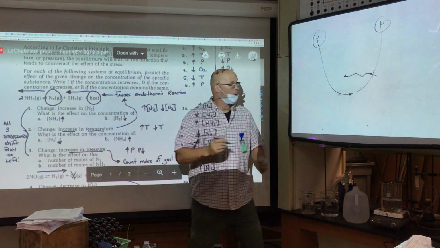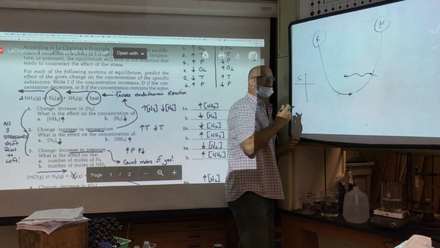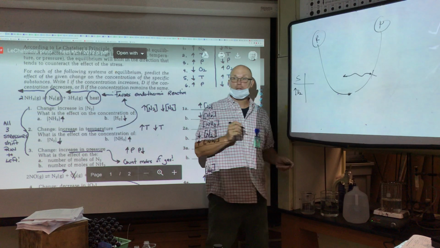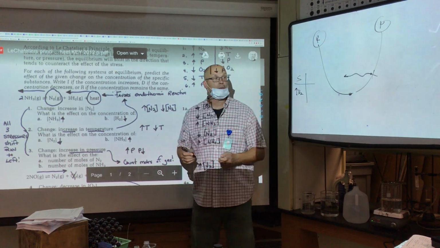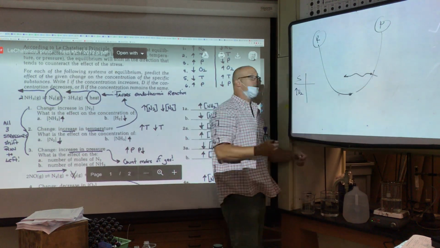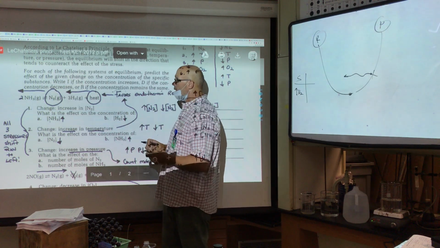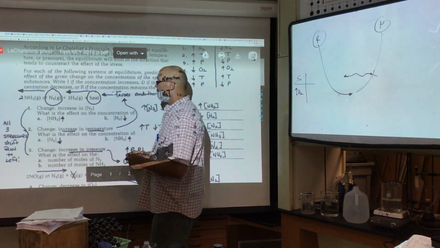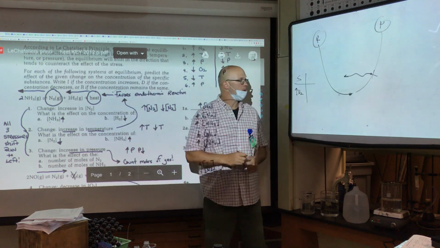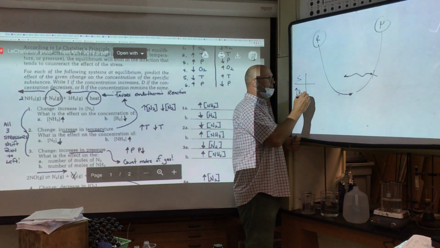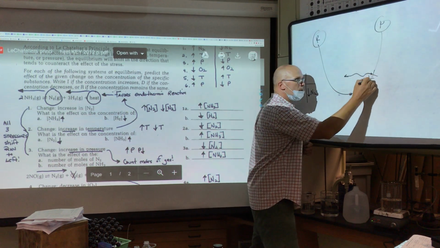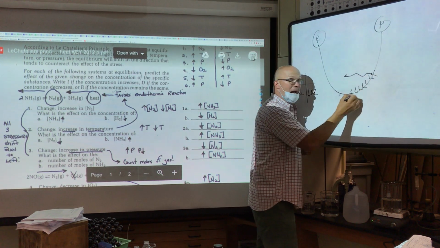So by increasing, and this is the stress that we as humans do, by increasing the N2, what you're really doing is forcing the reaction to shift in the reverse. So we say shift to the left. And therefore, if I increase N2, the N2 is going to eventually go down. It's going to work its way downward as we work backward toward equilibrium.